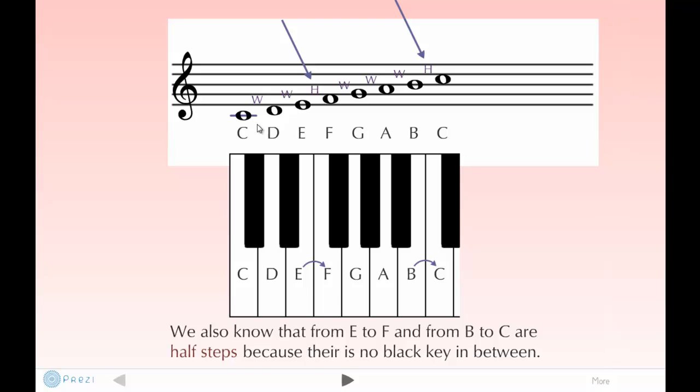All of our paths that we traced out between white keys were whole steps, except E to F and B to C, which are only half steps because there's no black key in between. What's going to happen is we're going to end up coming up with this formula: whole, whole, half, whole, whole, whole, half. That's basically going to be the formula for any major scale, regardless of which pitch you start on.